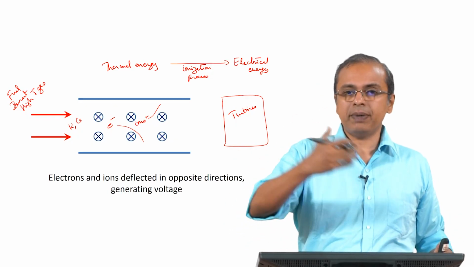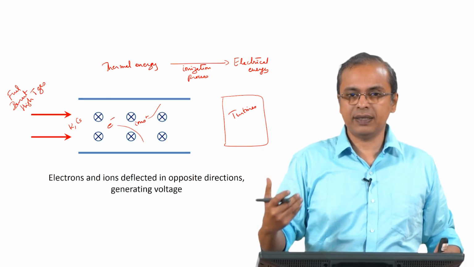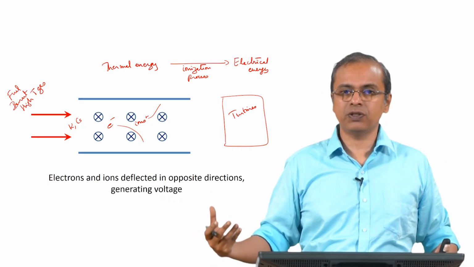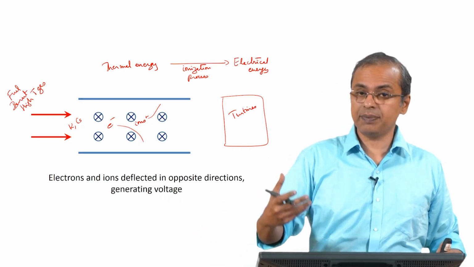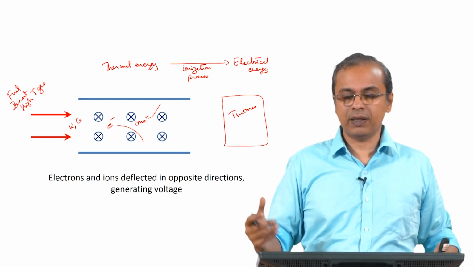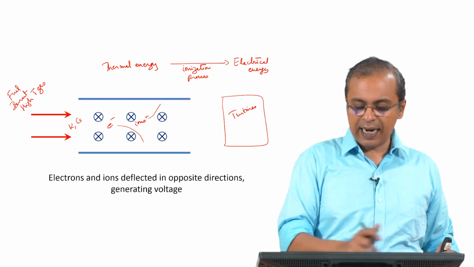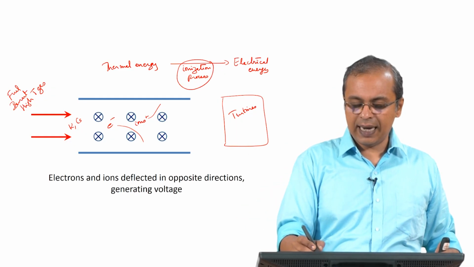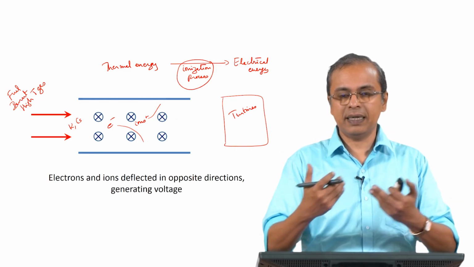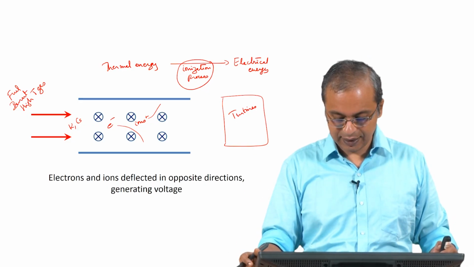You could do that by doing all those turbine related activities, all the heat exchange related activities that occur in a normal thermal power plant, and that would be another legitimate way in which you could generate your electricity, except that would be subject to all those limitations of the 1 minus T2 by T1 kind of efficiency limitation. So, even before you do that, you add one ionization process in the middle, and in that process you change the form of energy from thermal energy to something that is now in the electric form, and then you tap that energy. So, you get electrical energy.